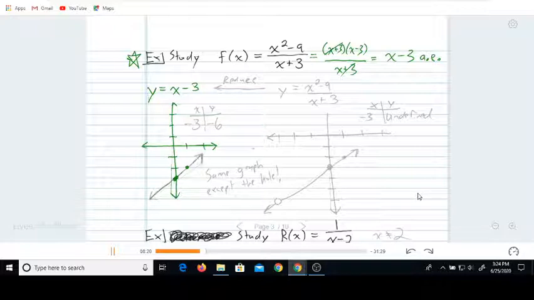Just like that. Now, if we go to graph our function, x squared minus 9 over x plus 3, you can actually type this into graphing software if you so desire. It's going to look something like this.